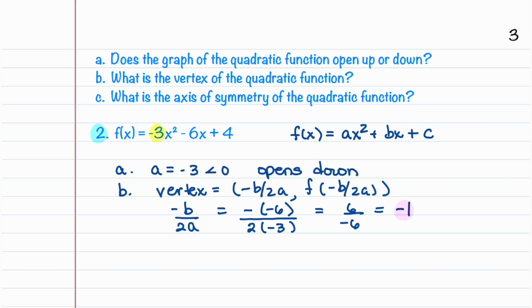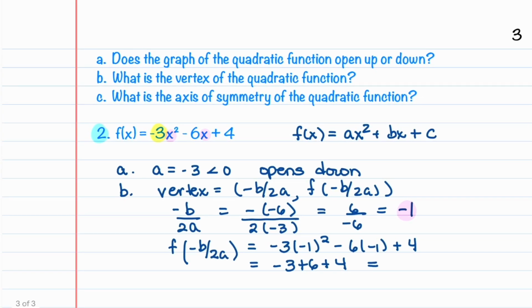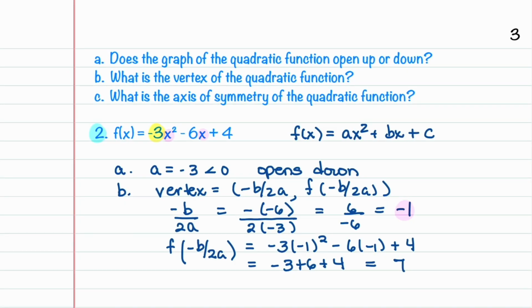Now we're going to take our minus 1 and plug it back in for x. So f of minus b over 2a is just minus 3 times minus 1 squared minus 6 times minus 1 plus 4. This gives us a minus 3 plus 6 plus 4. And that's equal to 10 minus 3, which is 7.